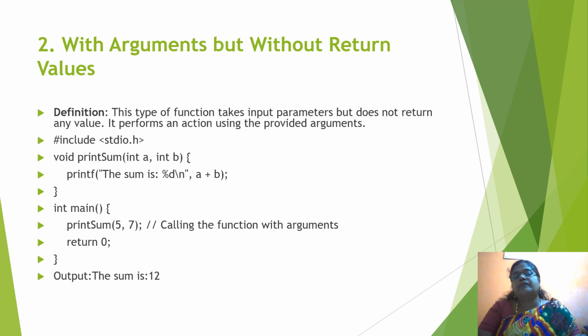With arguments but without return values: this type of function takes input parameters but does not return any value. In this example, sum is a function that takes input parameters but does not return any value. The output of this program is 12.